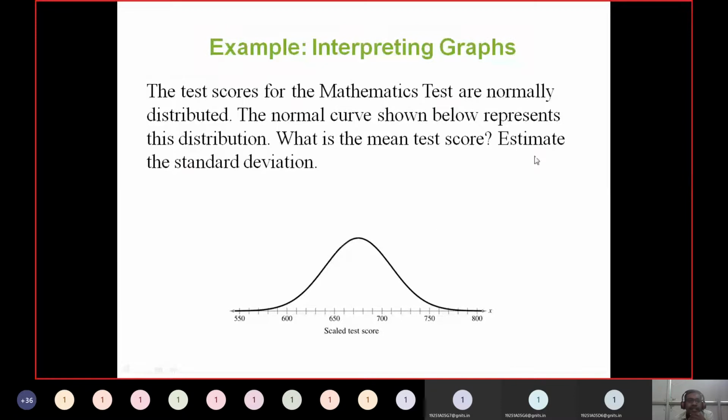And what is the next question? Estimate the standard deviation. Can you tell me how to find the standard deviation? Any idea? Area. Will area give the standard deviation?